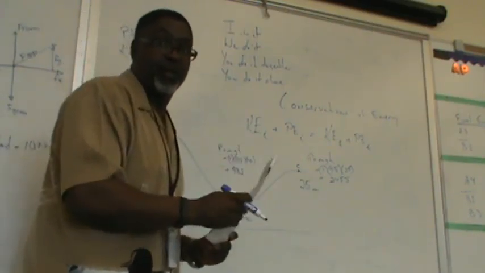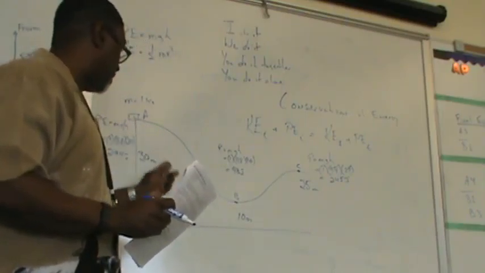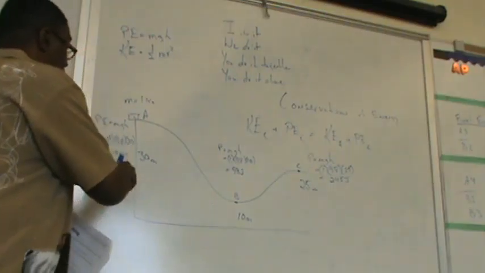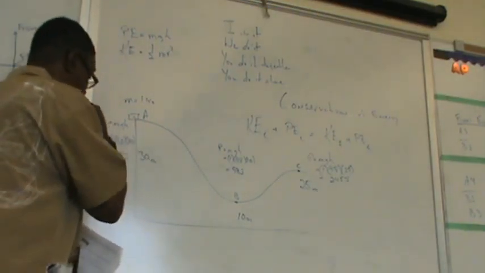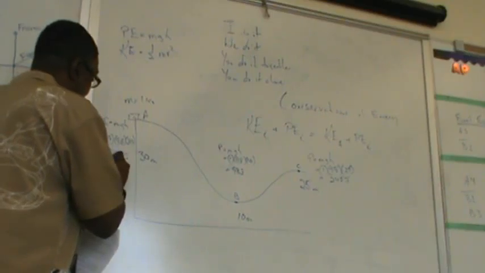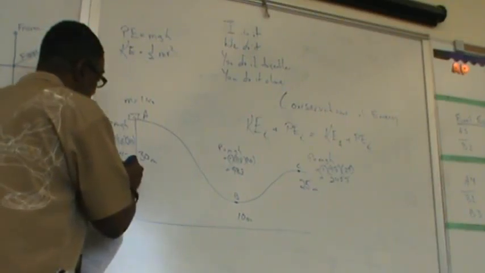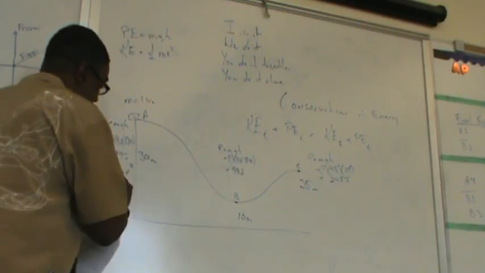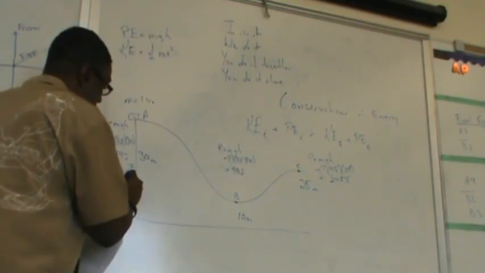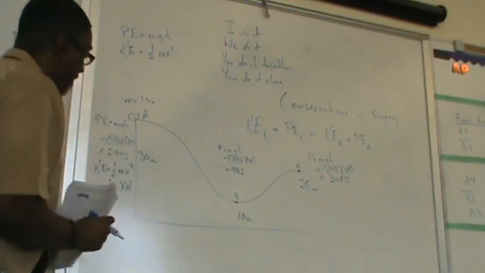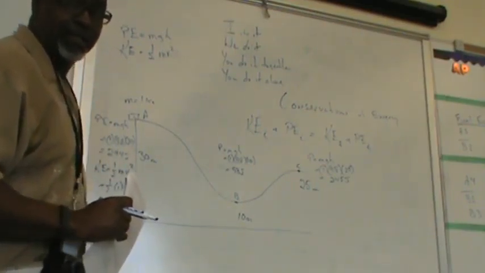We'll find that for each of the points, point A, point B, and point C. So the kinetic energy of point A is going to be equal to 1/2, mass is 1, the velocity is 0. So the kinetic energy at point A is 0.